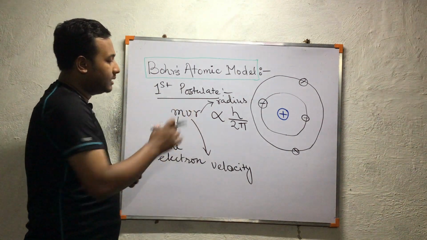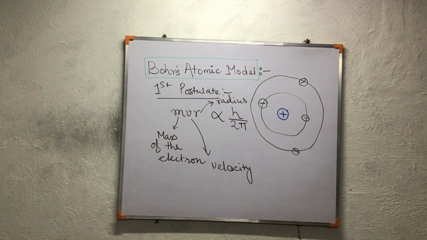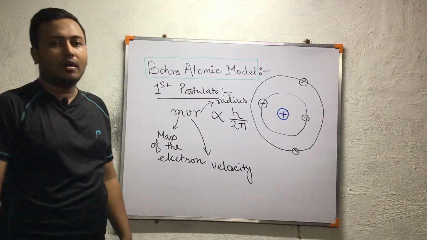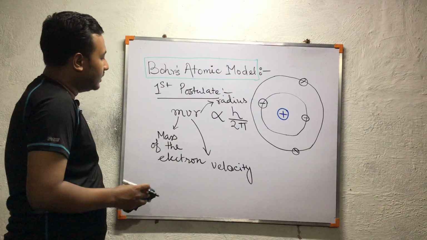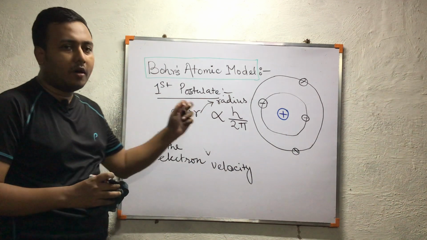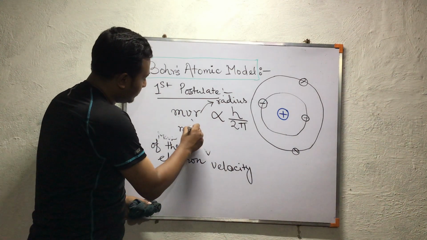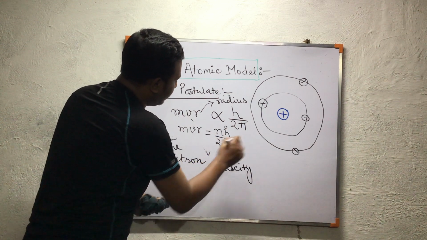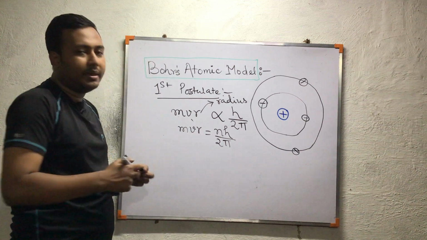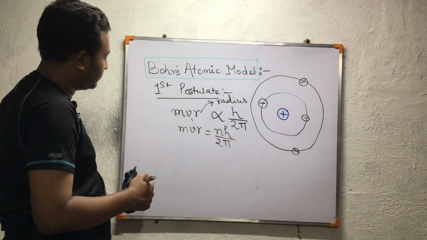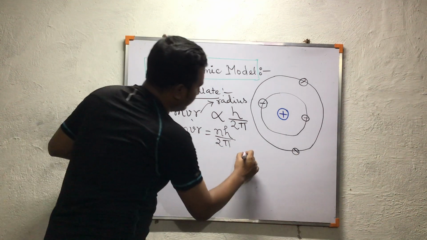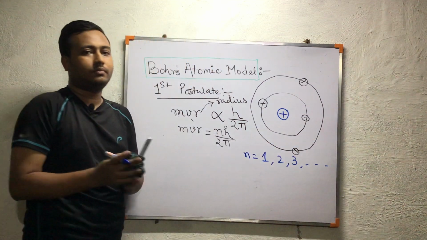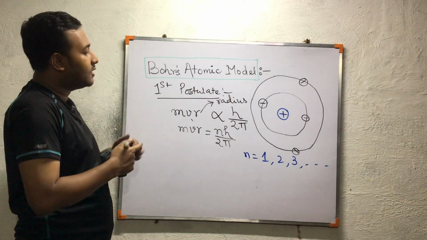Or we can say that mvr, the angular momentum of the electron, will be an integral multiple of h by 2 pi. So mvr equals n h by 2 pi, where the value of n will be 1, 2, 3 and so on. This is the first postulate.